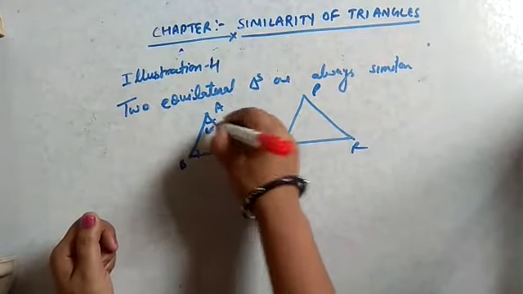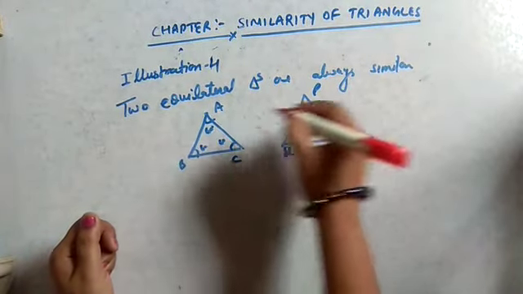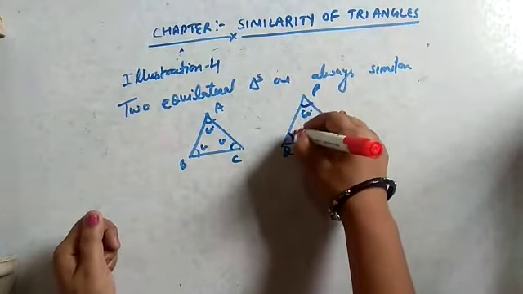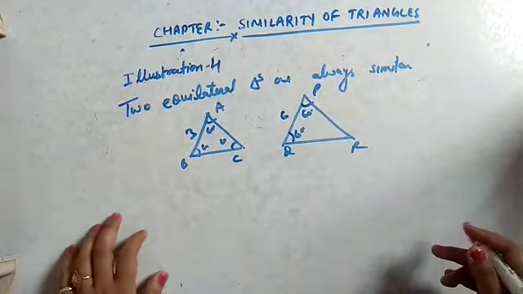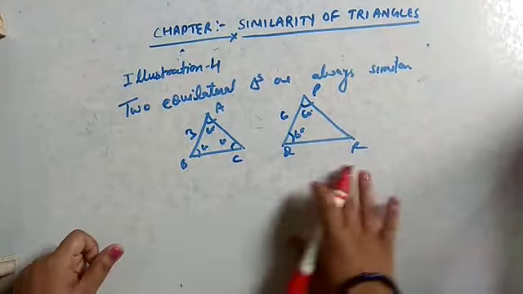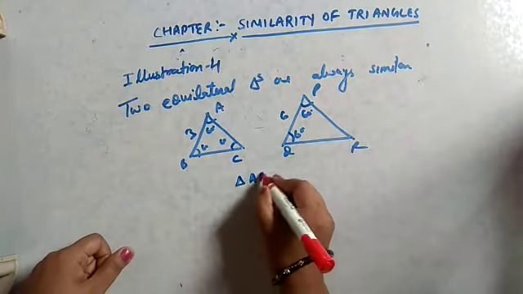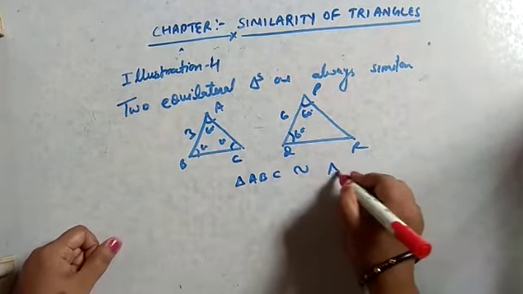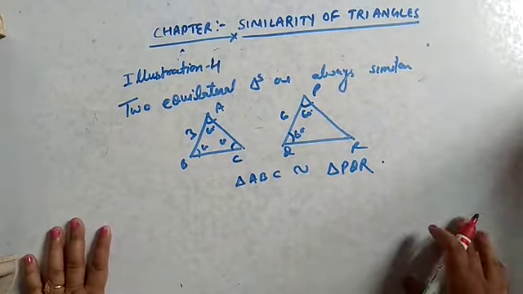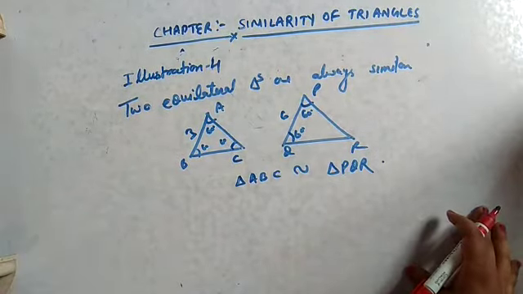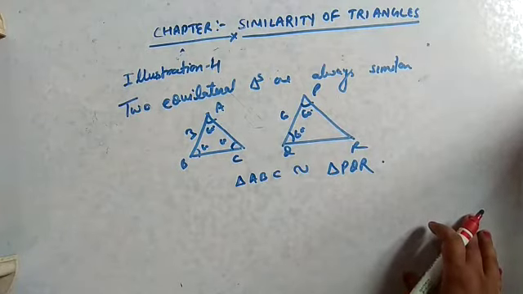Both are having 60 degree, 60 degree, 60 degree angles, but they are having different sides. It has 3 and it has 6 centimeter side. So they are similar to each other. ABC is similar to triangle PQR. So we can say all the equilateral triangles are always similar to each other.